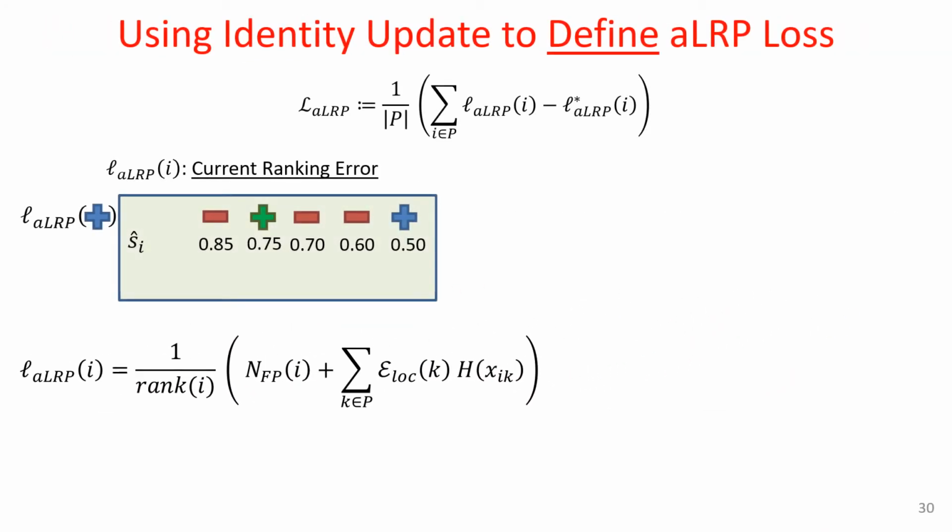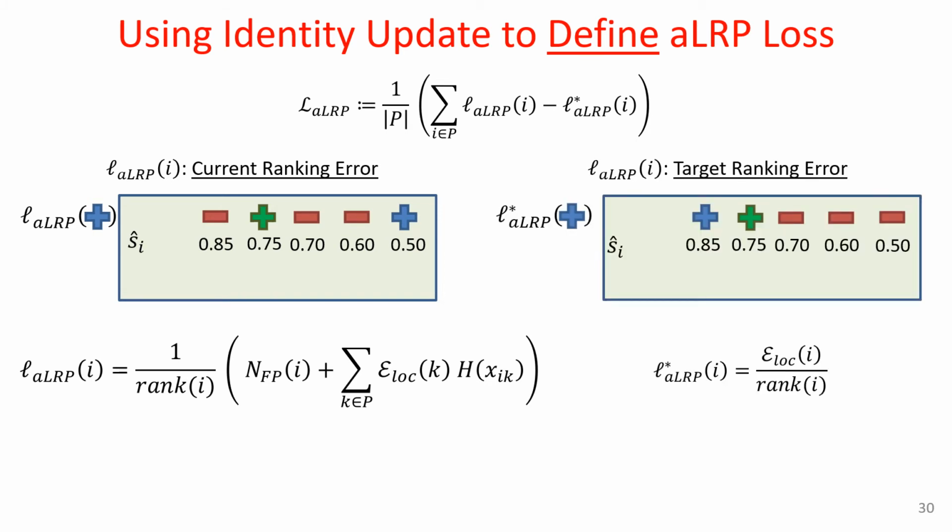The same three-step framework from identity update comprising defining, computing, and optimizing the loss function can be used again. Note that this part corresponds to the current average LRP error, and the target average LRP error is defined by considering the localization quality of an example.